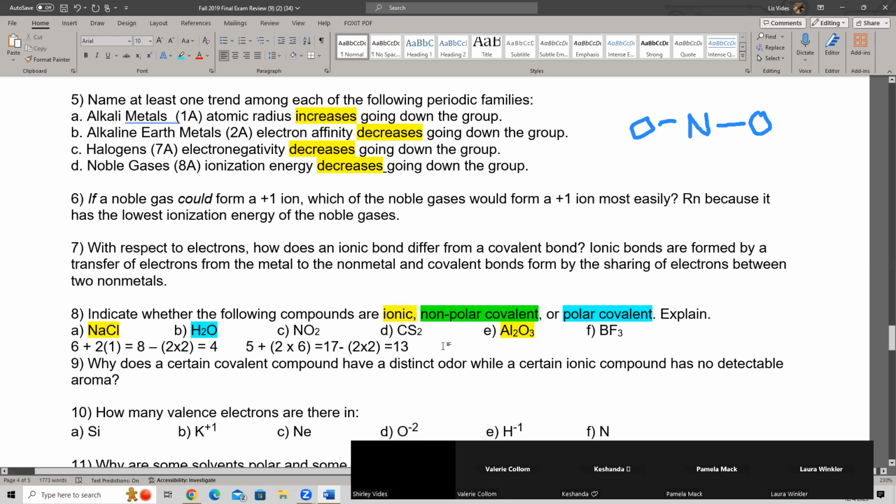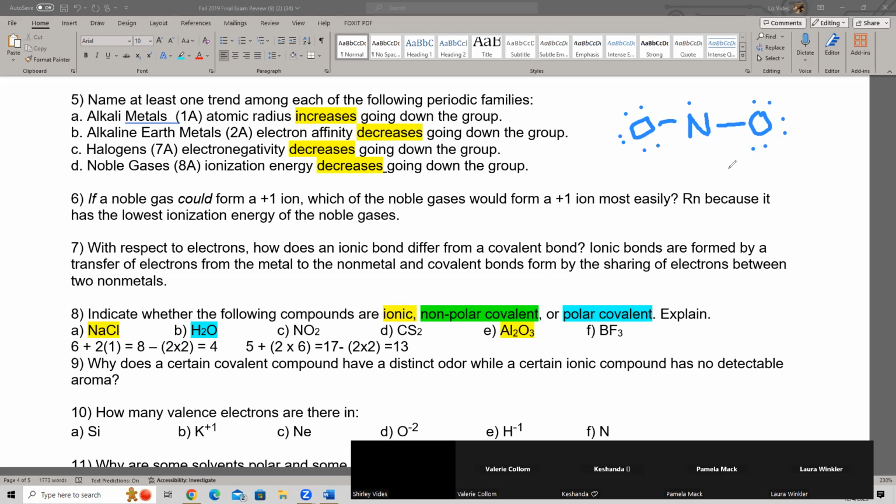13 electrons left. We are going to now put the lone pairs around all of these. And you notice that we only have 1 left. And that goes for nitrogen.